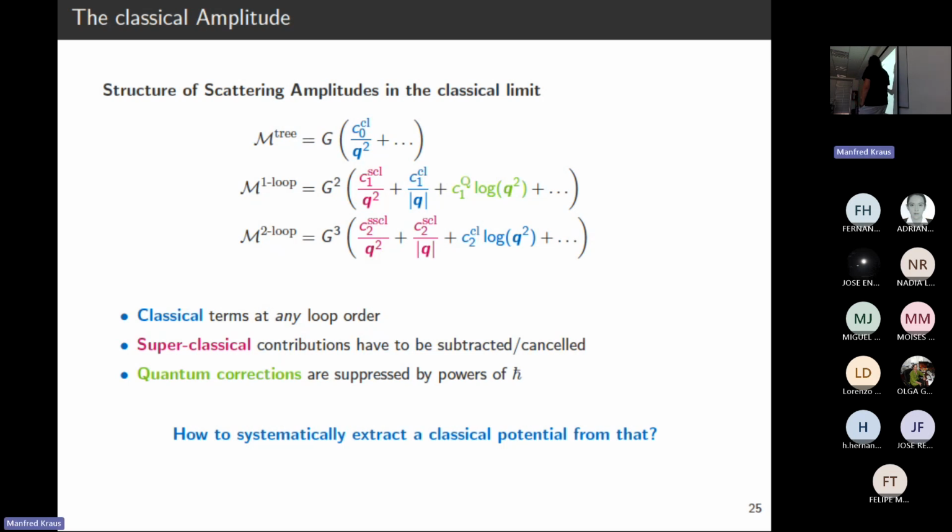And here C2 superclassical is this thing cubed. This thing will be more complicated, it will be a linear combination of stuff. But it's just information that you already know. And these things will drop out if you do this matching effectively.